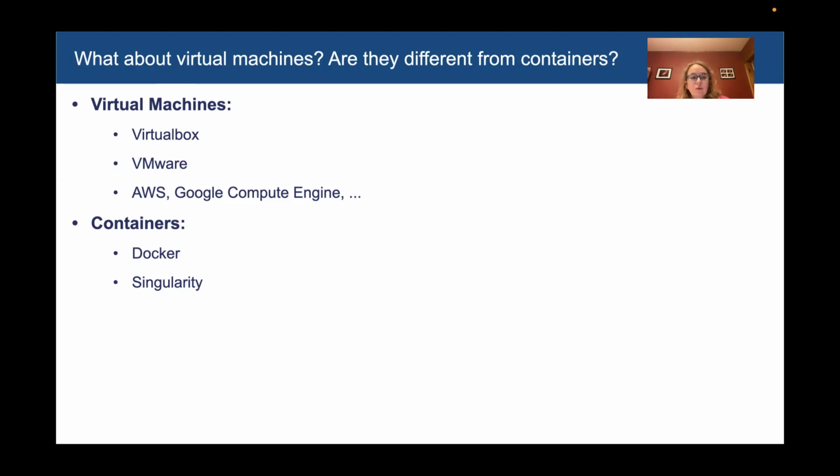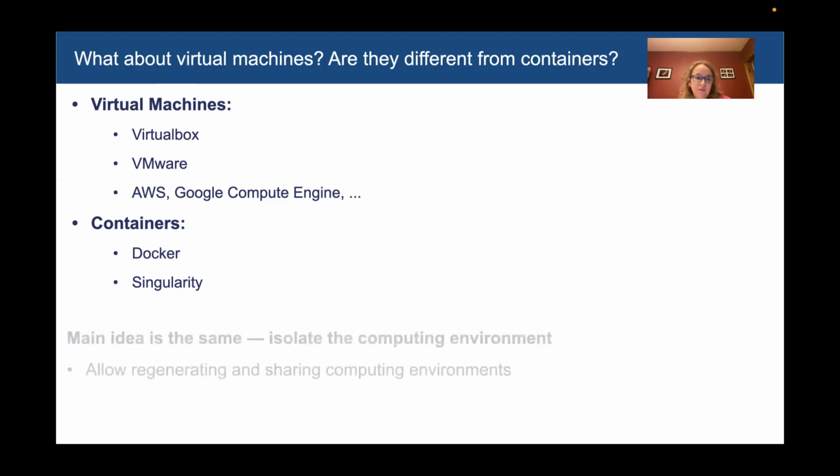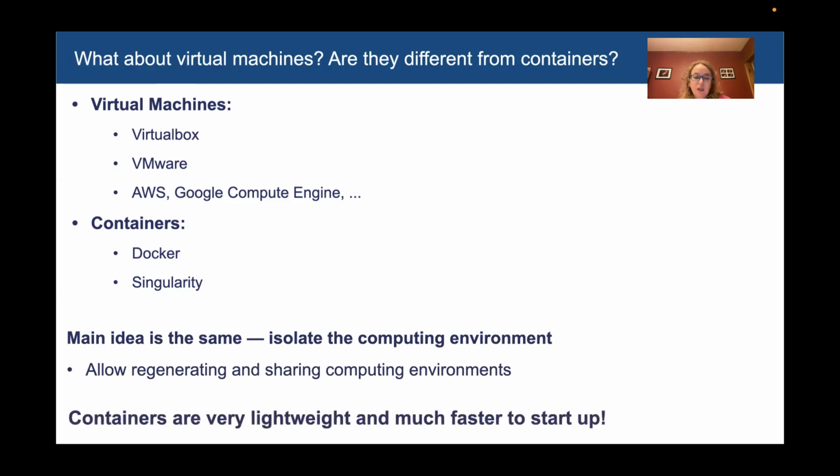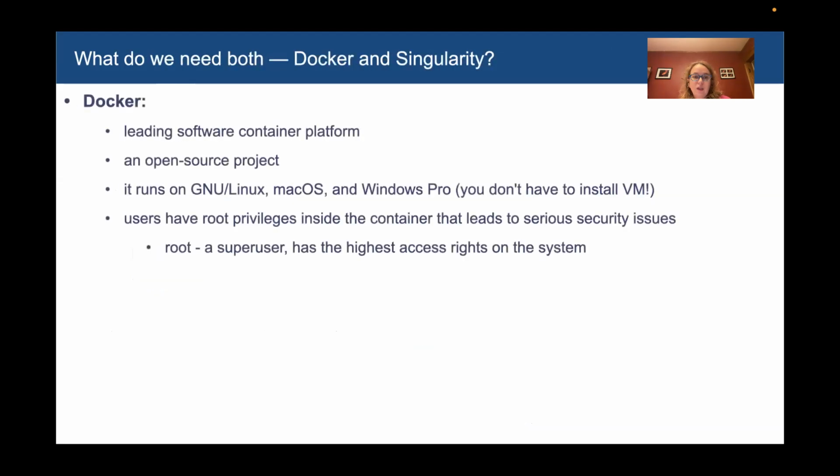And when talking about containers, we usually think about Docker and Singularity. The main idea is the same, basically to isolate the computing environment and allow you to regenerate and share computing environments. What is different is that containers are very lightweight and much faster to start up.